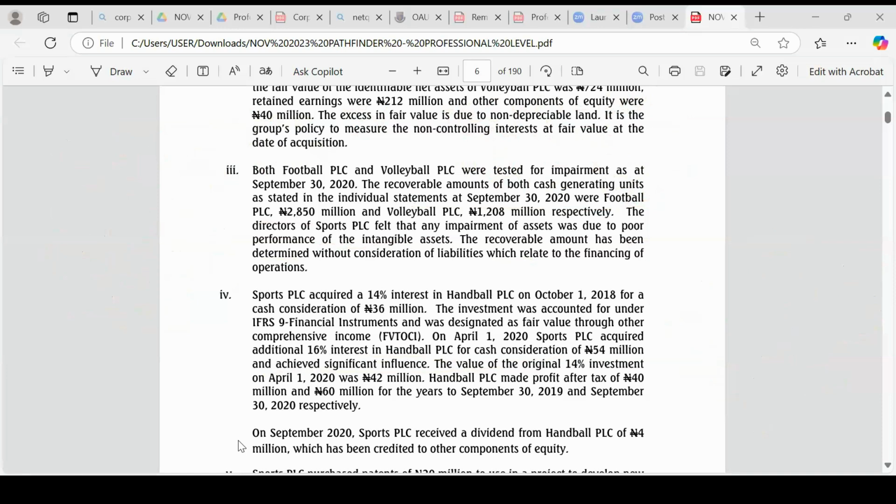The directors of Sport PLC felt that any impairment of assets was due to poor performance of the intangible assets. So we're going to relate this impairment to intangible assets. They have already said cash generating units, so I know it's going to be impairment of assets that we're going to look at. The recoverable amount has been determined without consideration of liabilities which relate to the financing of operations.